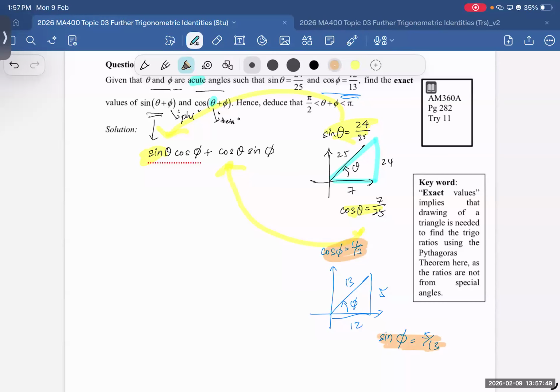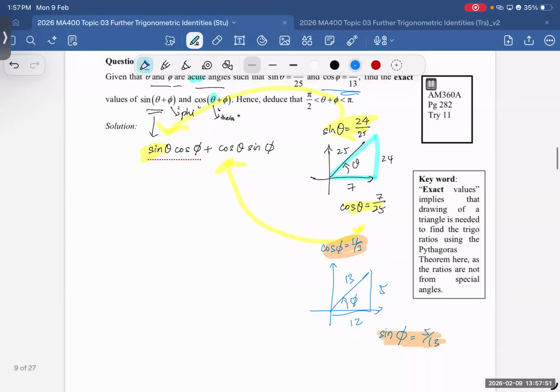So from here, you can slowly put in the rest. Sine theta is 24 over 25. Cos theta is 7 over 25. Cosine phi is 12 over 13. Sine phi is 5 over 13.